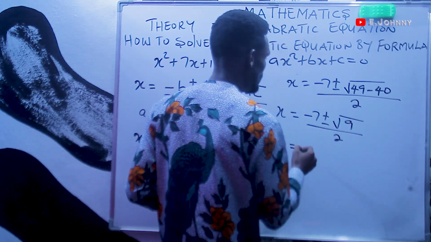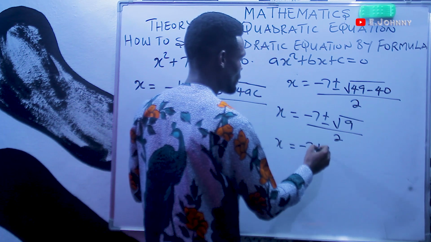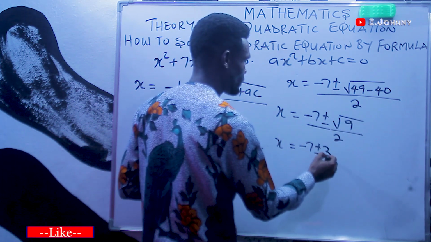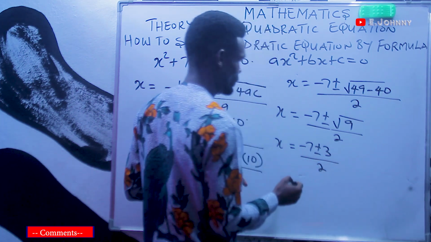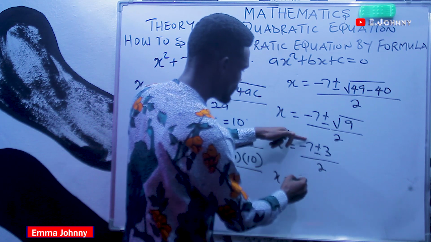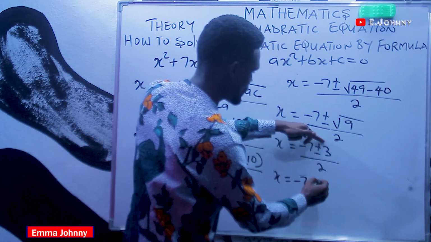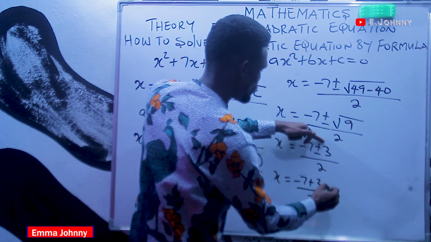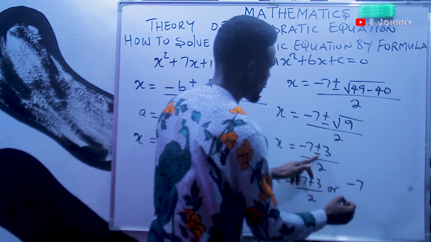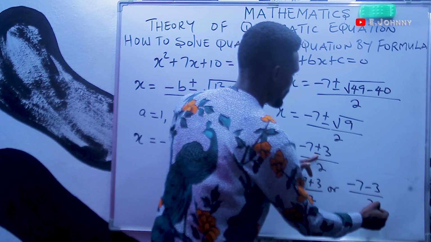What is the square root of 9? 3. So x is equal to minus 7 plus 3 divided by 2, or minus 7 minus 3 divided by 2.